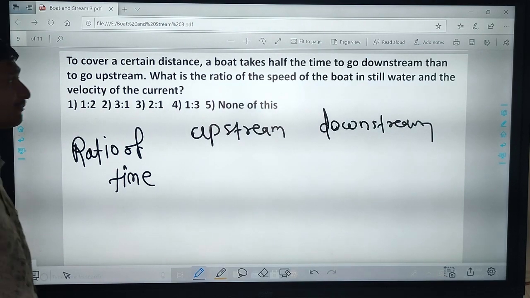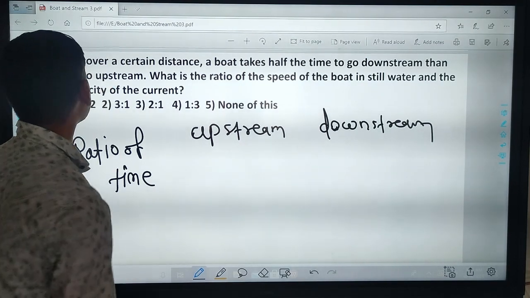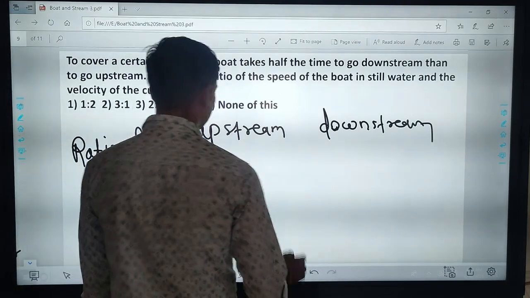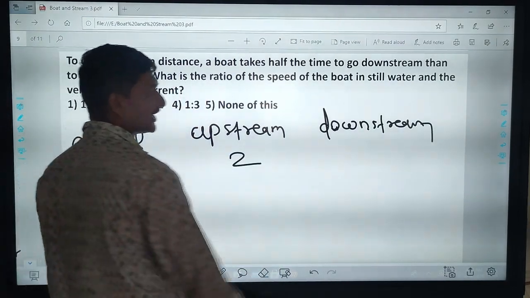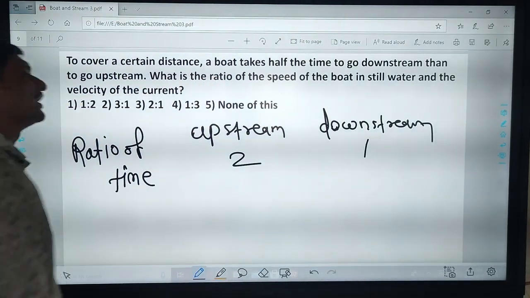Upstream time is 2 hours, then downstream time is 1 hour.